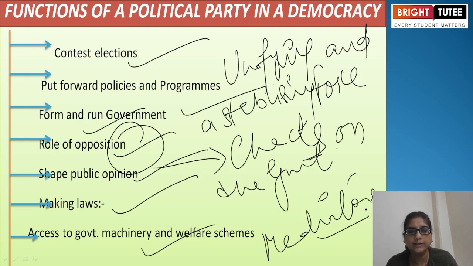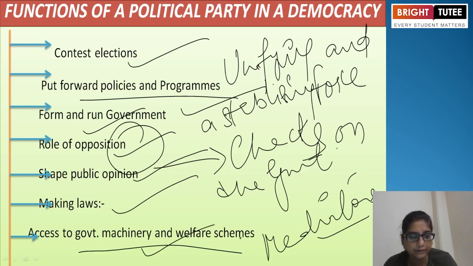Parties explain the policies, as we have read here also, like they have policies and programs, right? So they make the acts of the government understandable to the people, and they keep the government in close touch with public opinion also. So this is interconnected. And for social reform and promotion of public welfare schemes, parties have a chance to be a bridge between the impersonal bureaucrats and the ordinary voter.